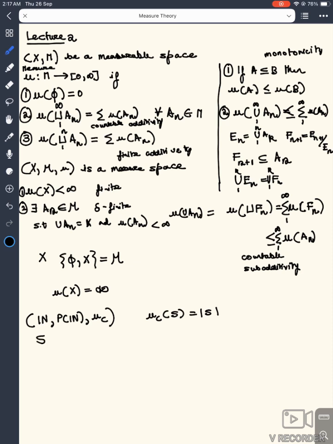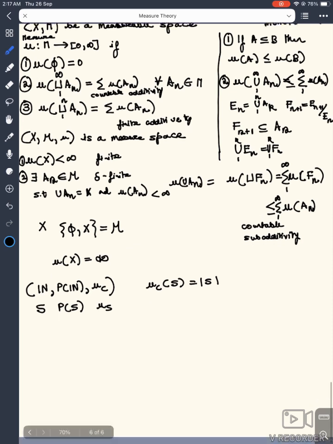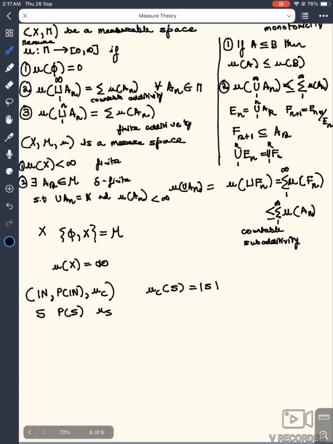And there is nothing special about natural numbers. We can do it over any non-empty set. This is the counting measure. If the set is finite, then it is finite, and the measure is the cardinality; if it's infinite, uncountable, countable, anything, it is infinite.